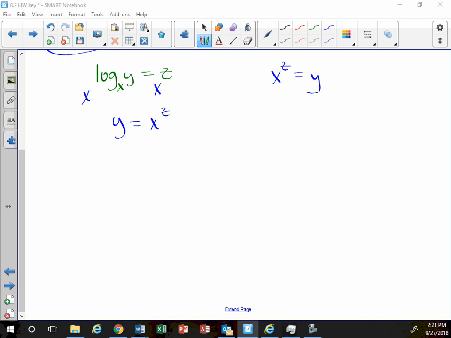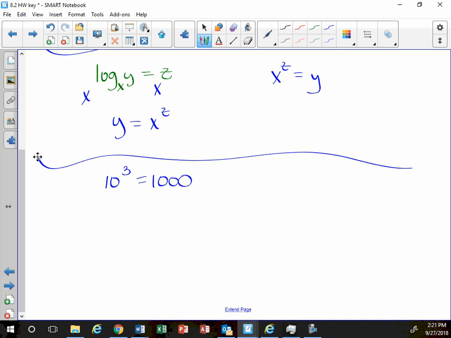What if I give you an exponential equation? Let's say I give you 10 cubed equals 1,000. That becomes log base 10 of 1,000 equals 3.